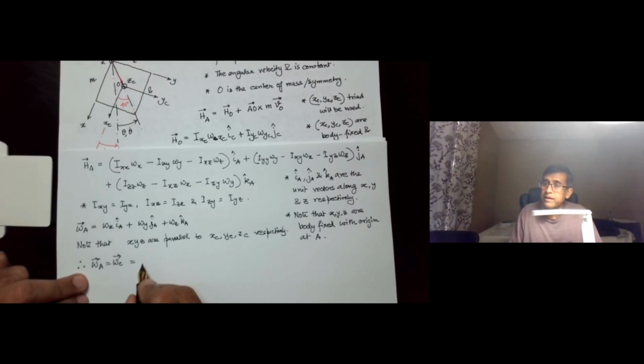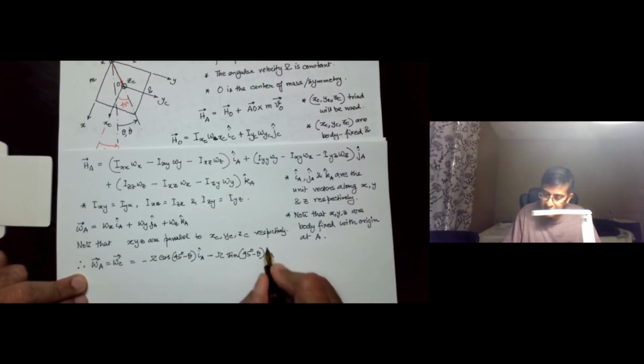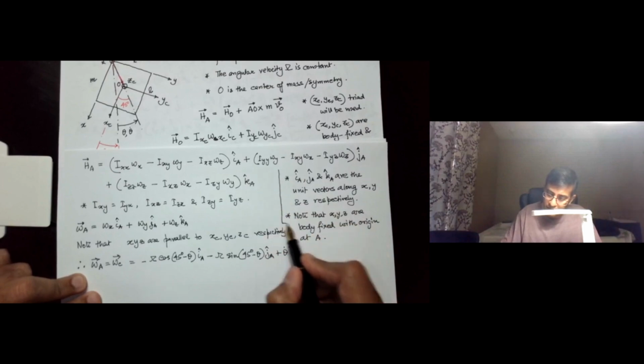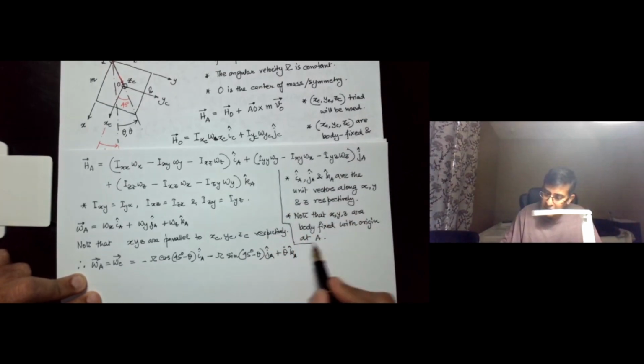Omega A is then minus omega cosine 45 degrees minus theta i A minus omega sine 45 degrees minus theta j A plus theta dot k A. Let me just put a demarcation here.